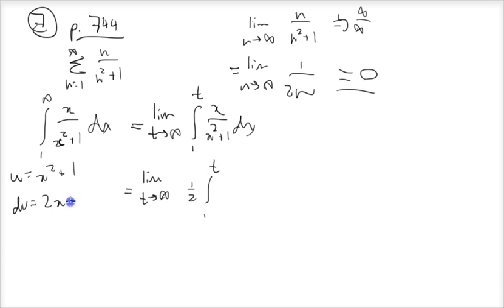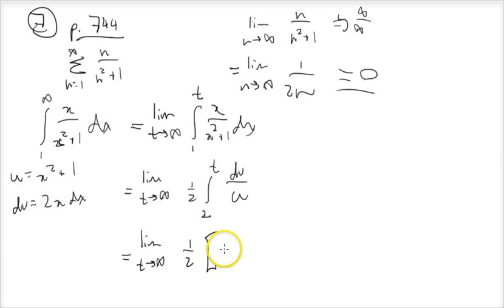We see the x and the dx, we can get a du, and then we've got a u in the bottom. That's going to end up being a natural log. Oh wait, sorry. The 1 right there, we plug the 1 in, that's going to make the u 2. This t will be something different, but the t is just an infinity, so I'm going to keep the t there. It's fine. The limit as t approaches infinity of 1/2.